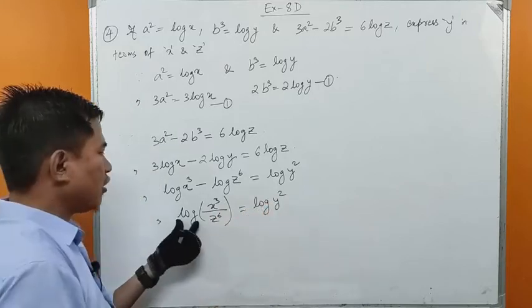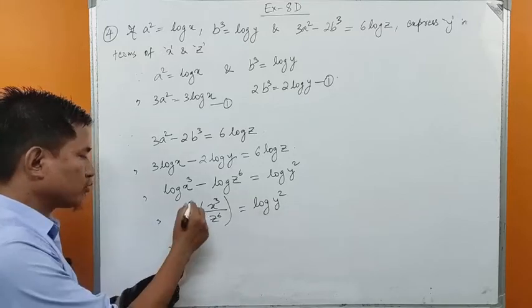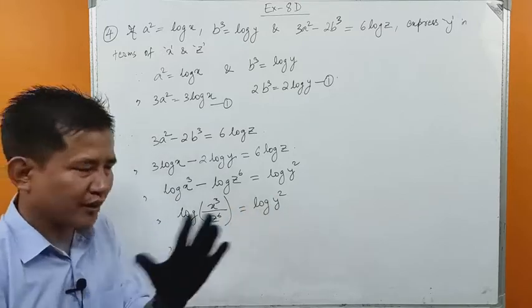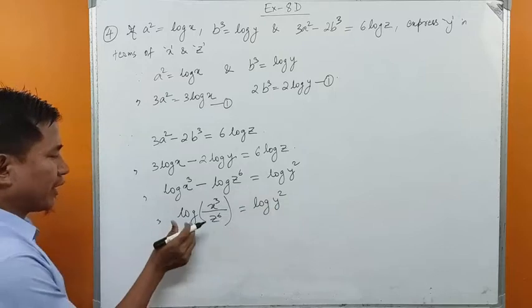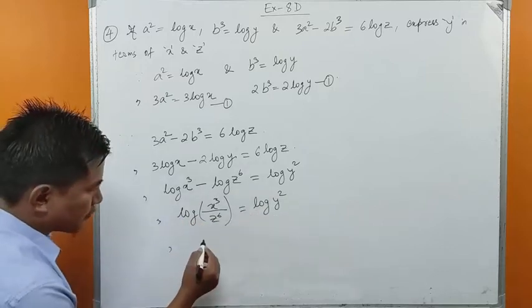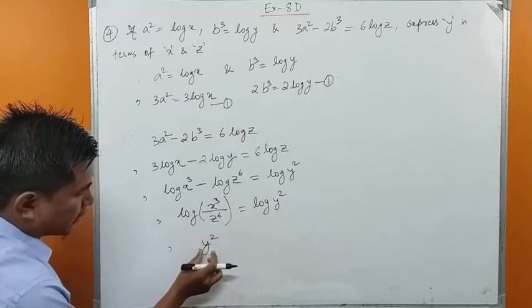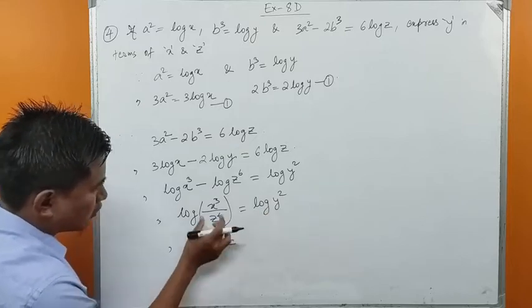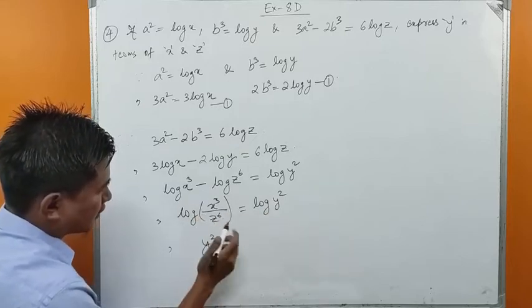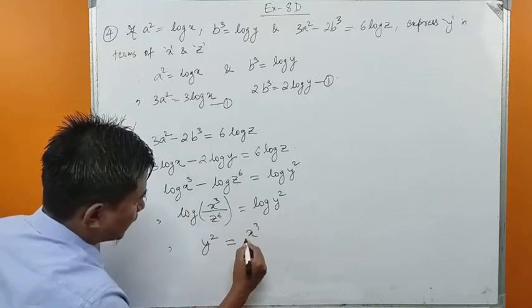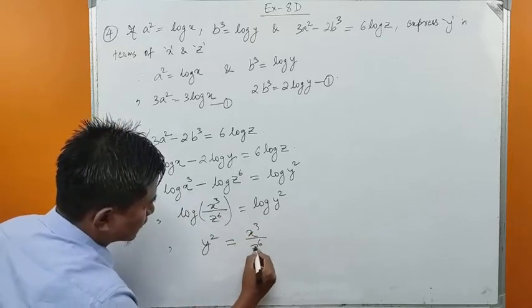Now we leave log from both the sides. We should not cancel log; log cannot be cancelled. We can leave log from both the sides. So y square equals x cube by z to the power 6.